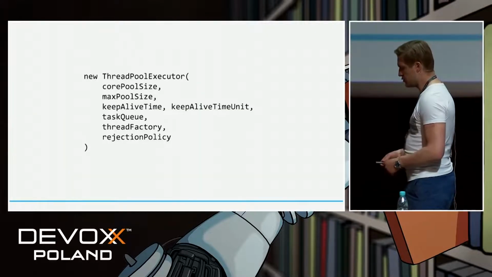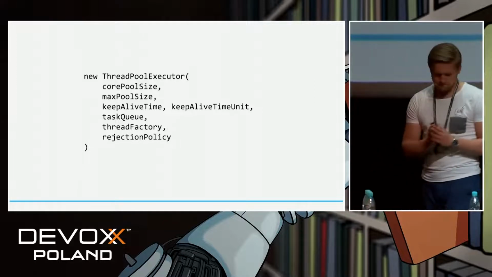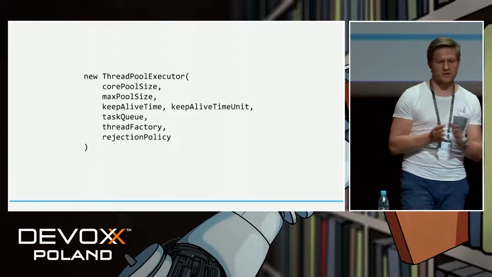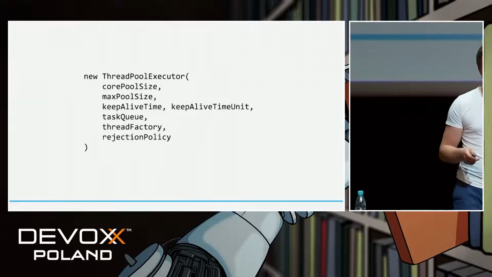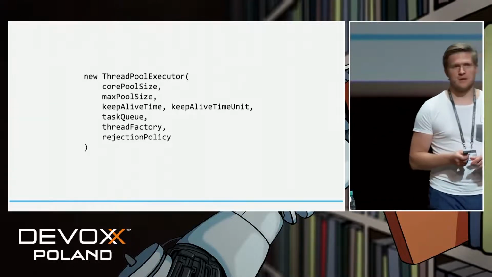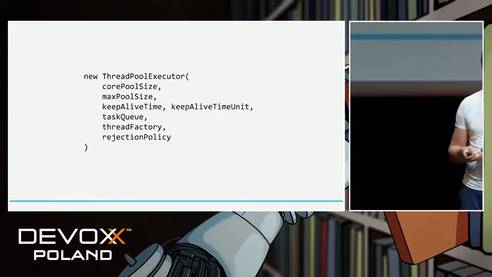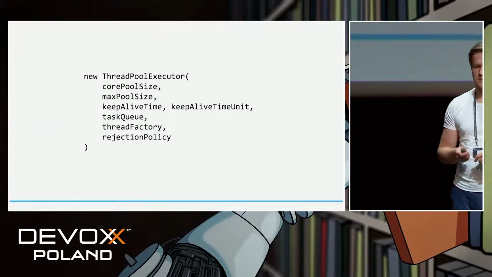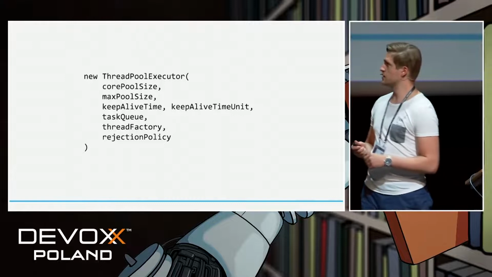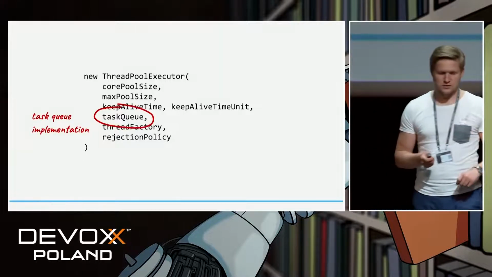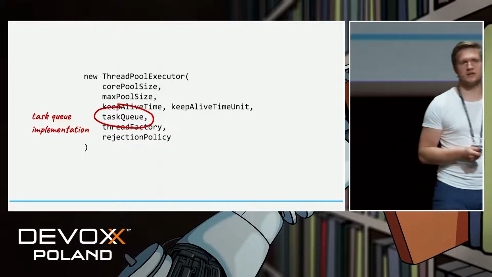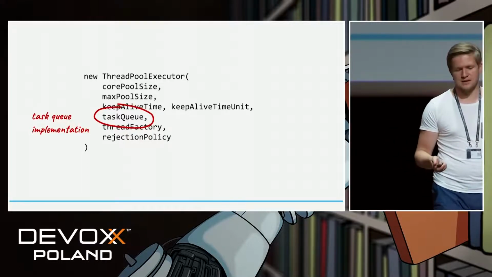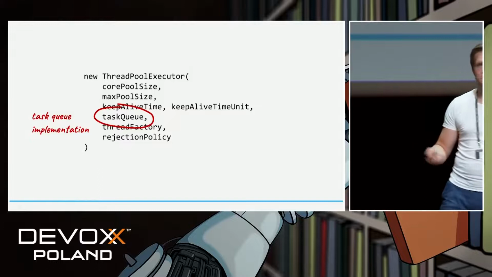And to be able to change it, you have to stop using the Executors factory and use the implementation of thread pool in Java, which is ThreadPoolExecutor. And it has some interesting constructor arguments. The one here is the task queue implementation. So you can add any task queue here, which can be a bounded task queue.